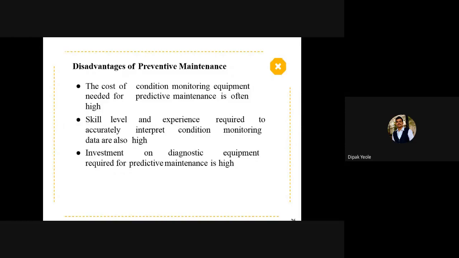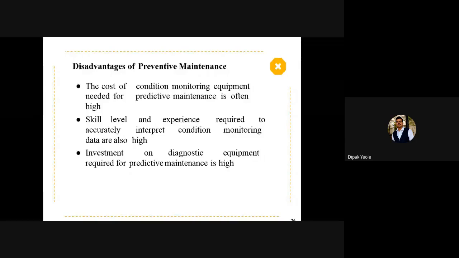The skill level, that is an important point, and experience required to accurately interpret the condition monitoring data are also high. आपल्याला कळत असेल की ज्यांच्याकडे स्किल आहे ते स्किल ऑटोमॅटिकली त्यांना एक्सपिरियन्स थ्रूच मिळालेलं असतं. Yes, and we have to spare some cost to hire these experienced engineers. Yes, investment on diagnostic equipment required for predictive maintenance is high.